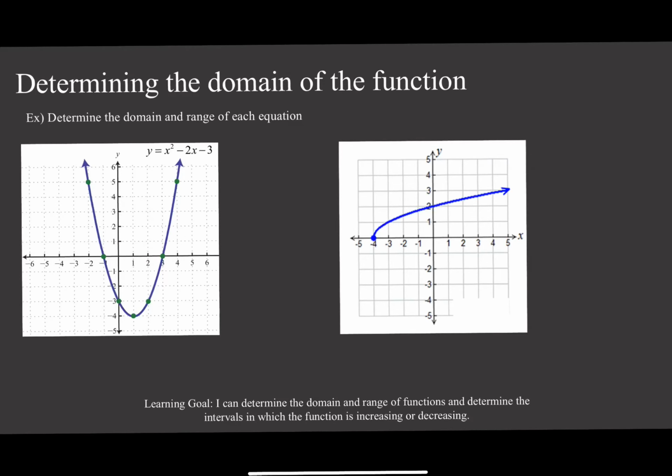So let's go ahead and look at a couple examples where we don't necessarily have endpoints like our previous one. And we are asked to find both the domain and range for each one of these equations. So if I look at my first one, for our domain, although it may not seem like it from just this portion of the graph that we can see, the arrows mean it keeps growing not just up, but also this parabola grows to the sides.